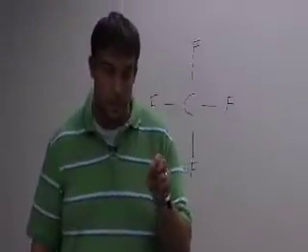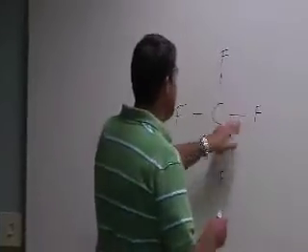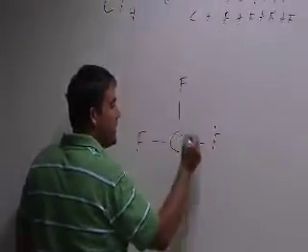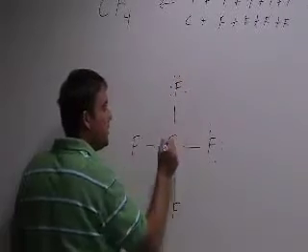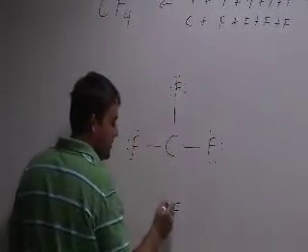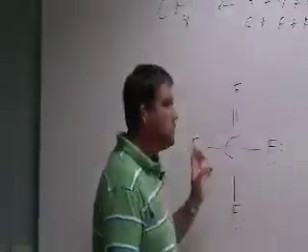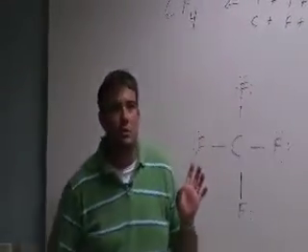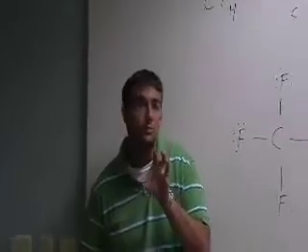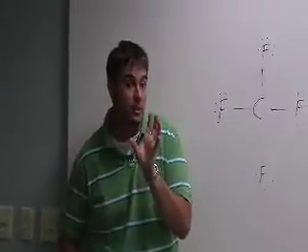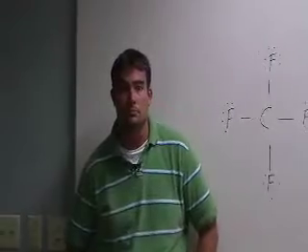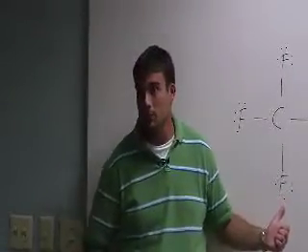So now that's 2, 4, 6, 8, 2, 4, 6, 8, 2, 4, 6, 8, 2, 4, 6, 8. How many electrons are on the board? 32. We are officially done. Let's see if it makes sense. Would you expect, using your chemical intuition, that the most electrons would be located on fluorine or carbon? Where are they at? Fluorine.